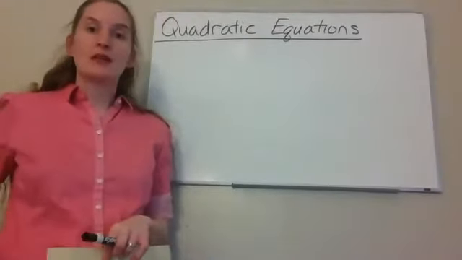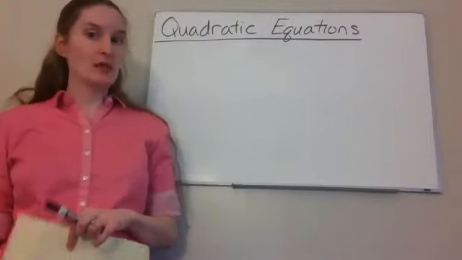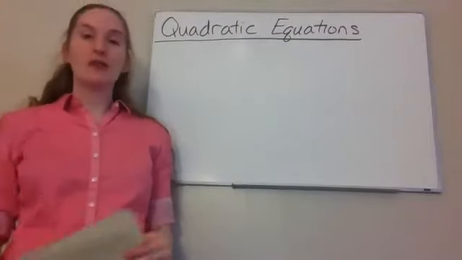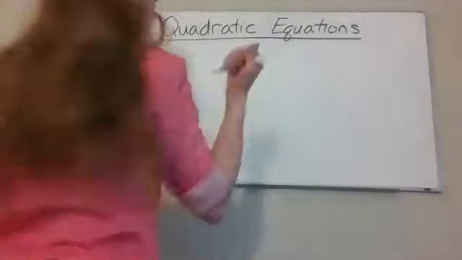In this video, we're going to discuss a lot about quadratic equations, how to solve them using many different techniques. So first, let's figure out exactly what a quadratic equation is.